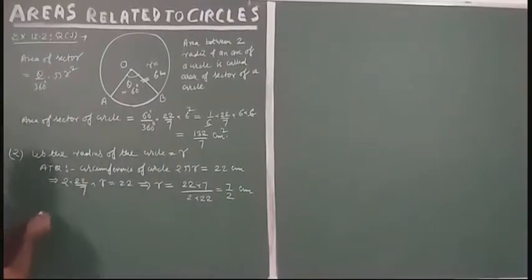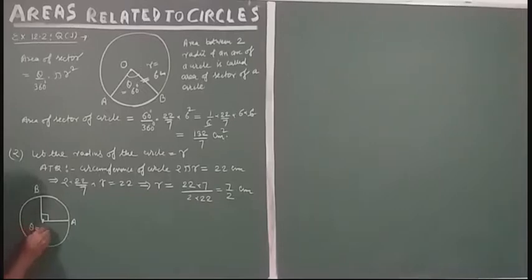What is a quadrant? Suppose this is the center of circle. This is one of the radii, and this is the other radius, making an angle theta of 90 degree.